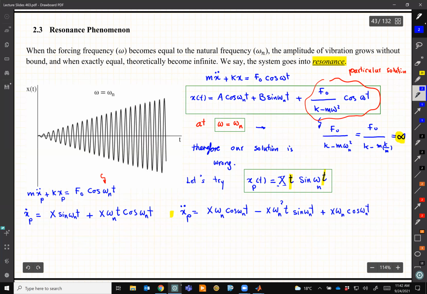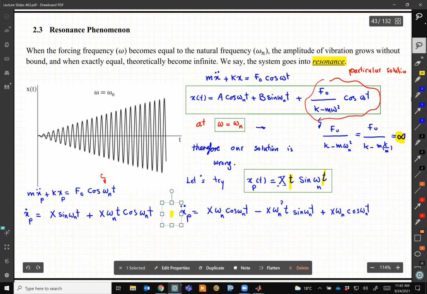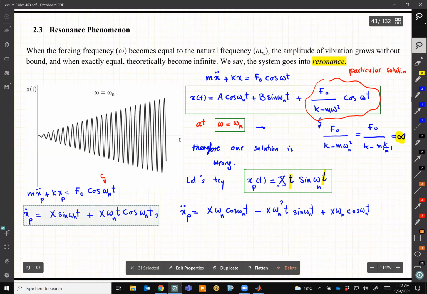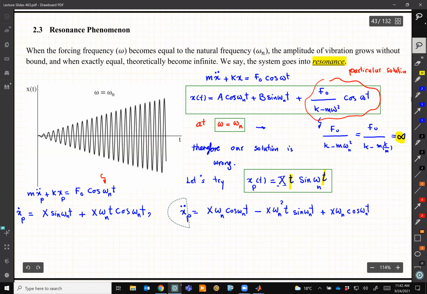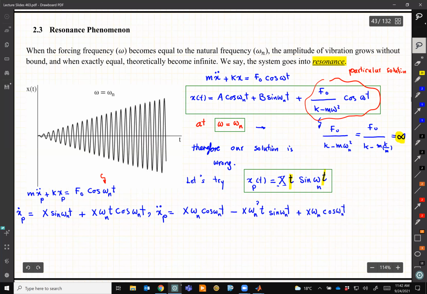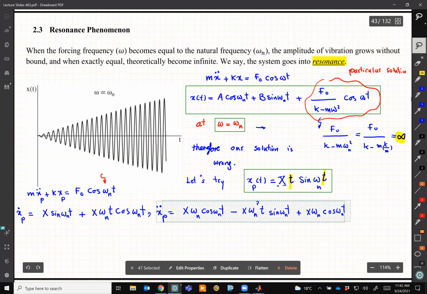I hope I didn't make a mistake, but please check to make sure. Okay. So we got x dot and x double dot.